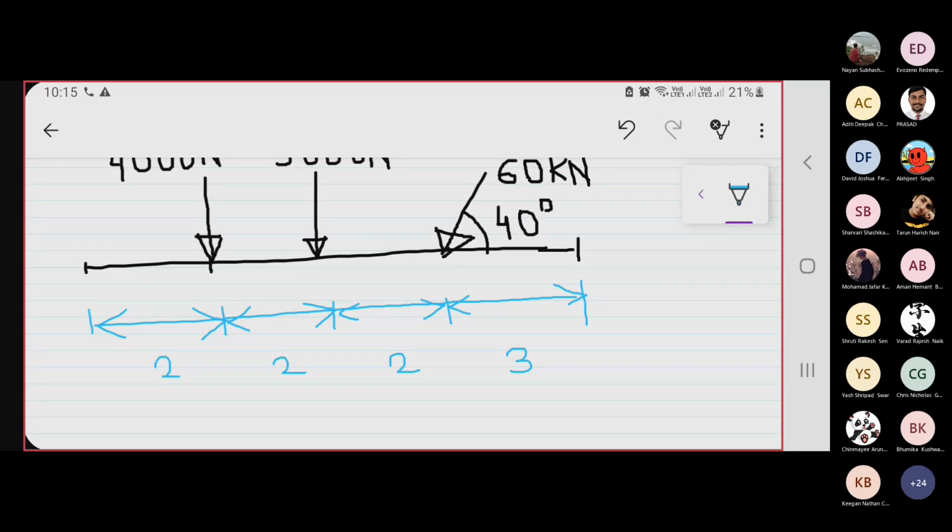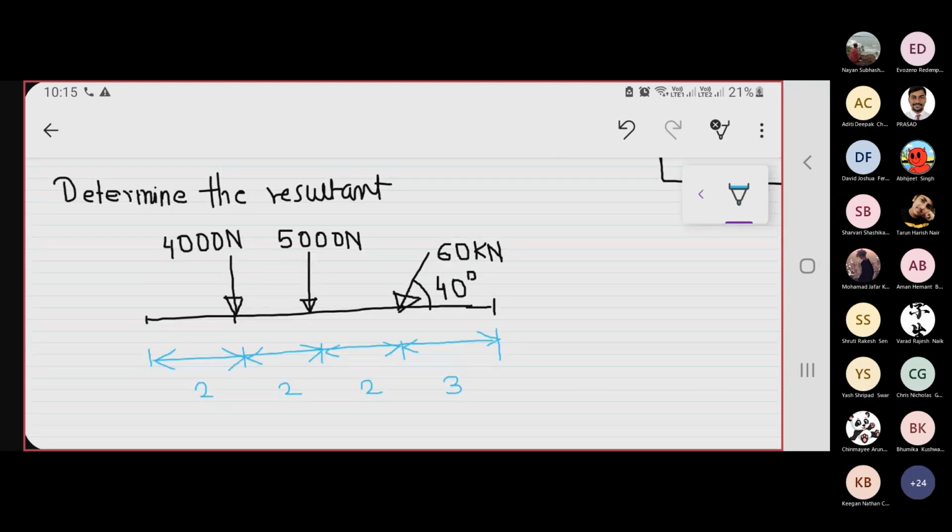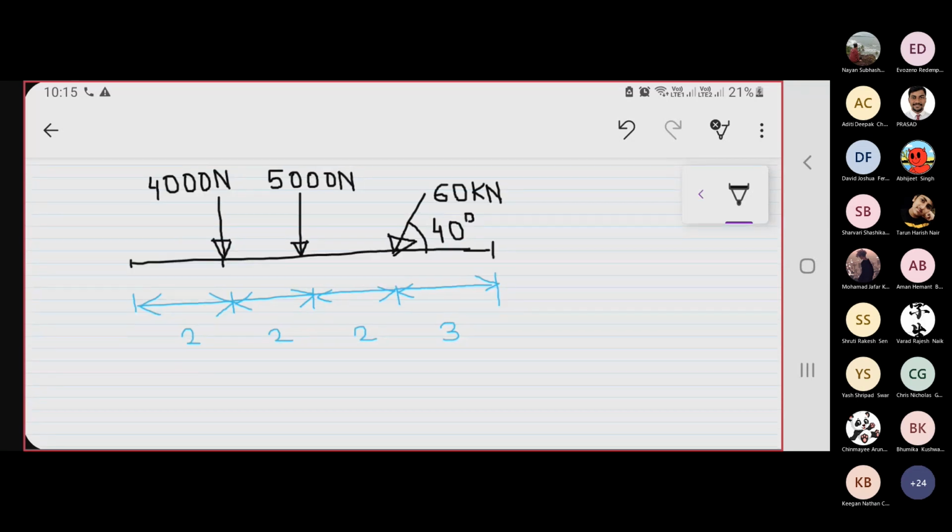Blue color is nothing but a distance. Don't worry about it. So how many forces are acting on this bar? Total three forces are acting. One is 4,000 Newton, another is 5,000 Newton, and the third is 60 kilonewton. Always follow the same procedure.